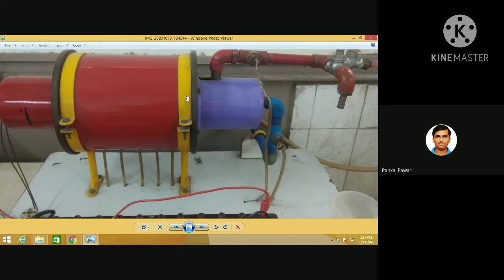So T1 thermocouple is at x equal to 0, T2 will be at 40 mm, then T3 is at 80 mm, then T4 is at 120 mm, T5 is at 160 mm, and lastly at 200 mm T6. So T1 to T6 give the surface temperatures of the metal rod. T7 is the inlet water temperature, T8 is the outlet water temperature.